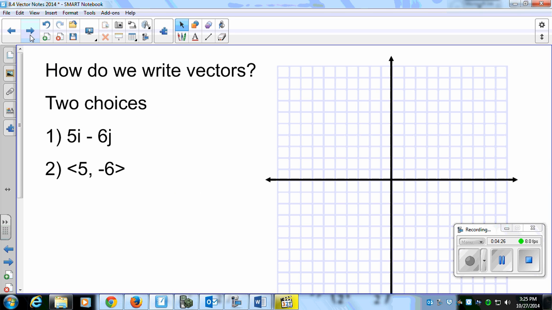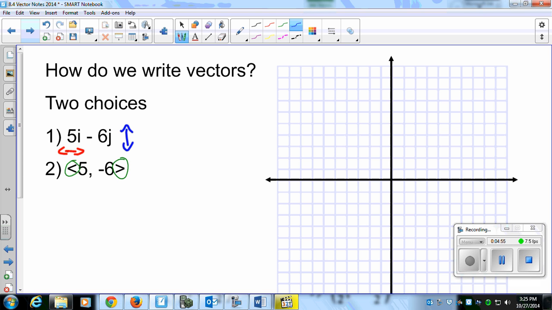So how do we write vectors? We have two choices, one using the i and j components, where i is your left and right, and j is your up and down. You can also write it with these carets, and we know that this is not just the point 5, -6 because the carets on the outside inform us this is a vector.